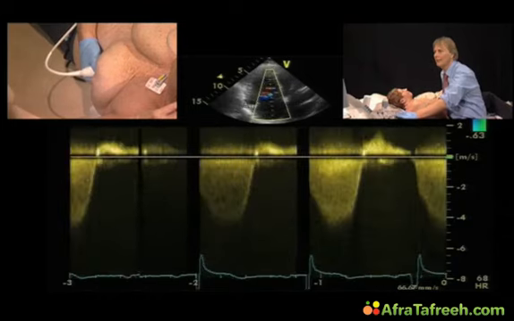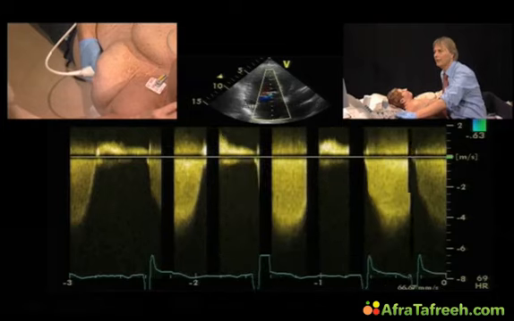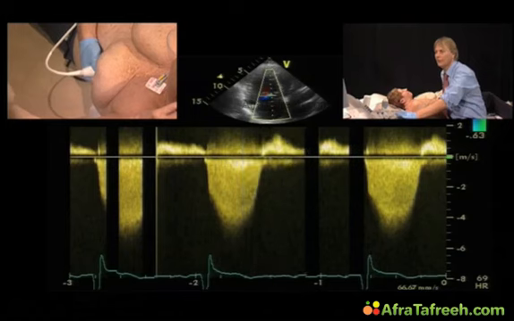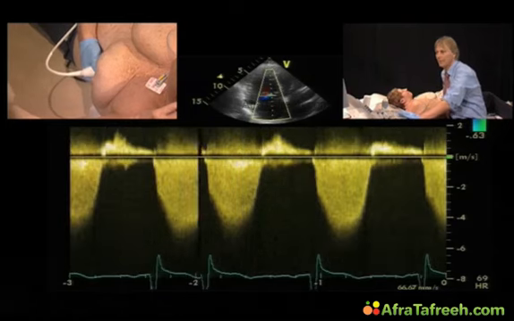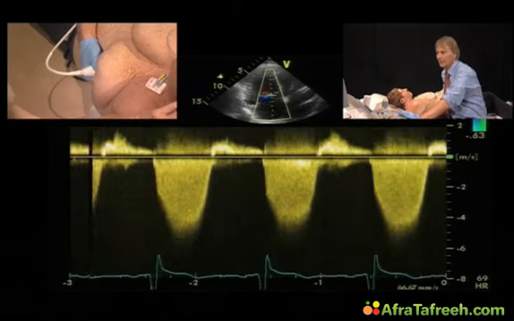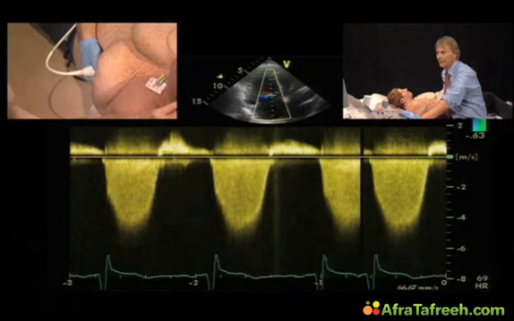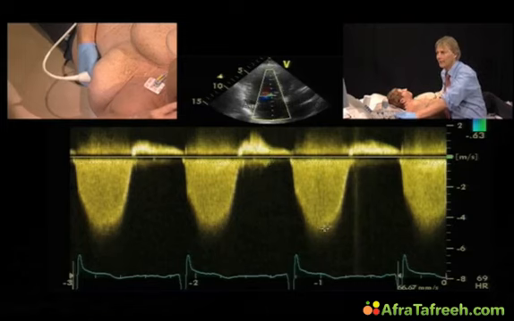If I go back into the region, all of a sudden the quality of the Doppler signal increases. So this is a Doppler signal which is actually very easy to get. We can measure the maximum velocity, which is somewhere around 5 meters per second, which means that the patient has a pulmonary pressure which is far above 100 millimeters of mercury.